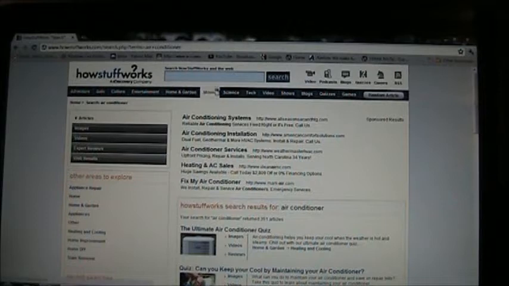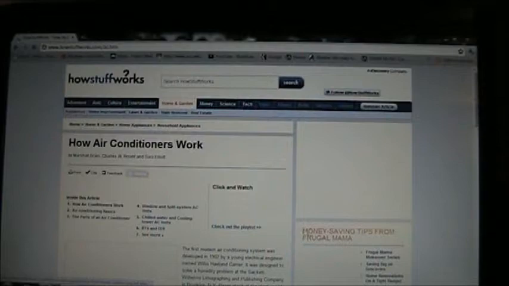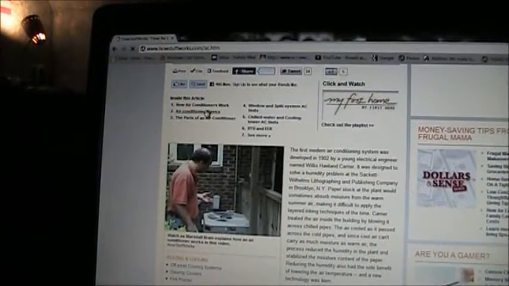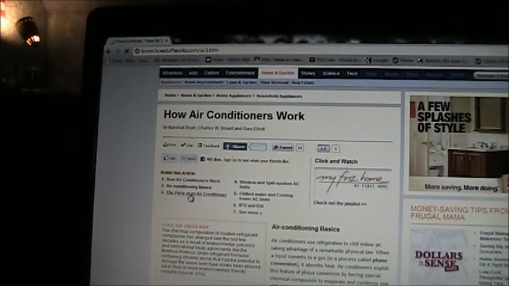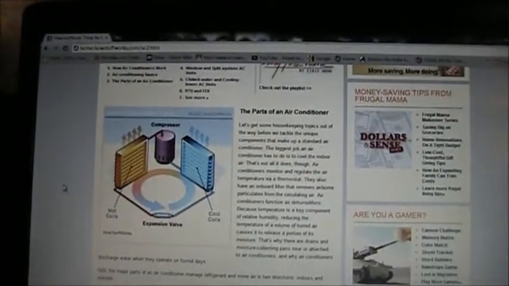Maybe I should type in how an air conditioner works. There we go. Okay, so there's a diagram on here somewhere that I want to show you. Yes, right here.